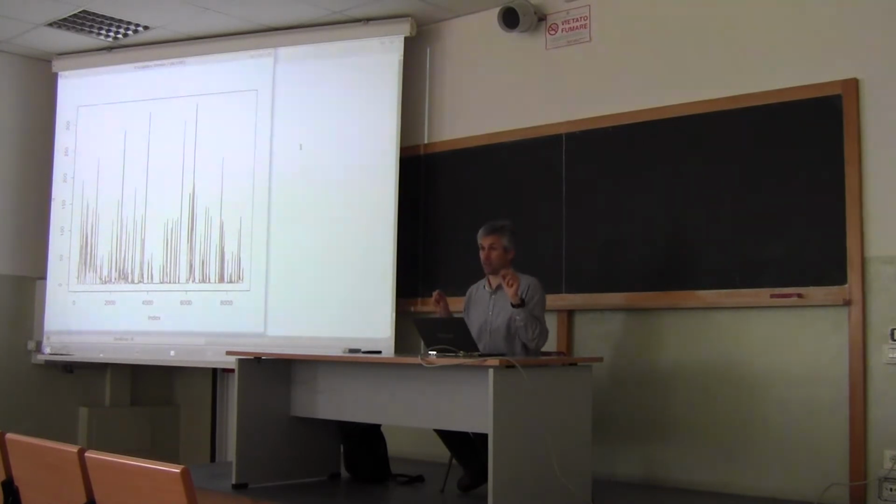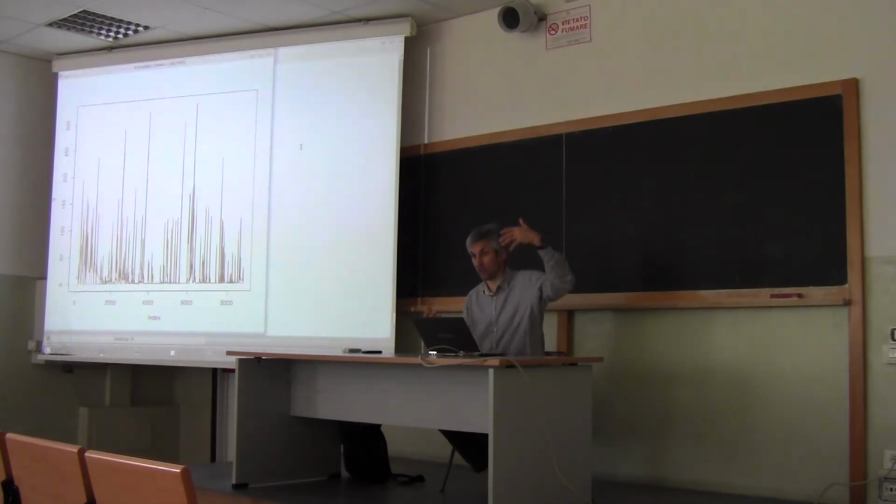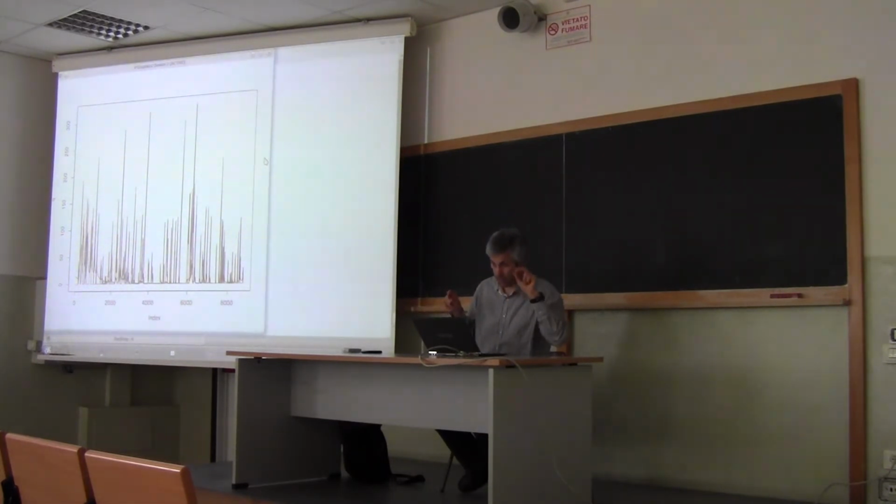If you have a parameter that is acting in a different way on the high flows and low flows, for instance, some parameters are effective on the high flows and not effective on the low flows, which means that if you change the parameter, you obtain a change in the high flow, but not in the low flow. So you may get the feeling that the model is good for the high flow and not for the low flow, and vice versa, and you may think that the model is not correct. Instead, it's only a matter of finding the best value for the parameter.